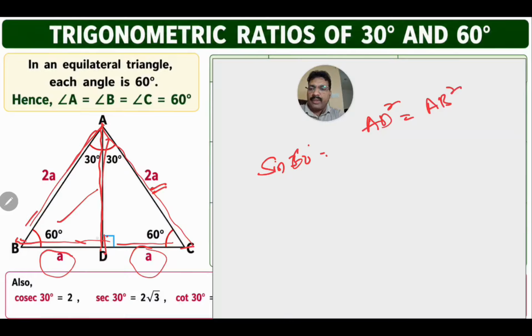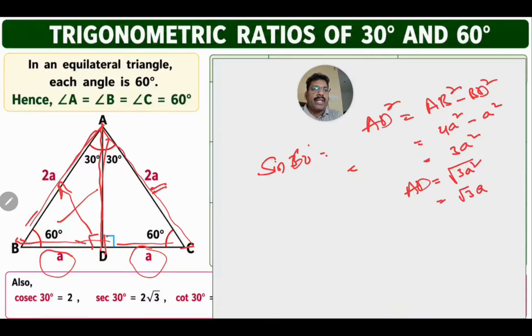Hypotenuse means the side opposite to the right angle, the 90 degrees. AB square value is 2a whole square, that is 4a square, BD square value is a square. So that is 4a square minus a square, 3a square. So AD value is square root of 3a square, that is root 3 a.